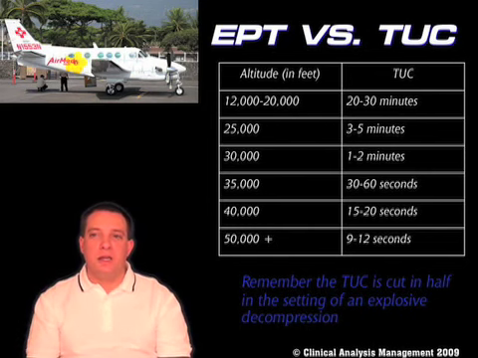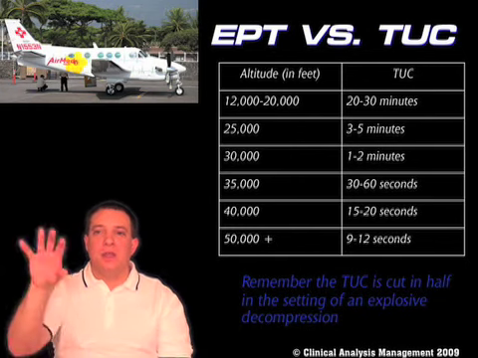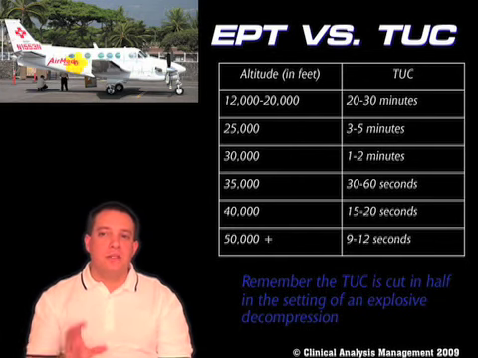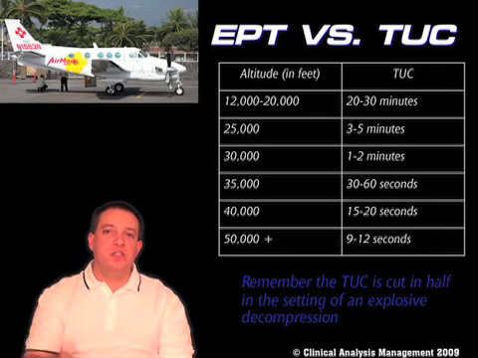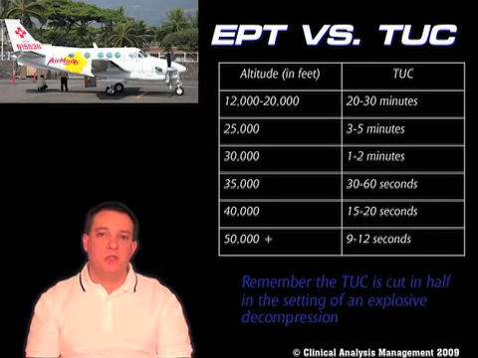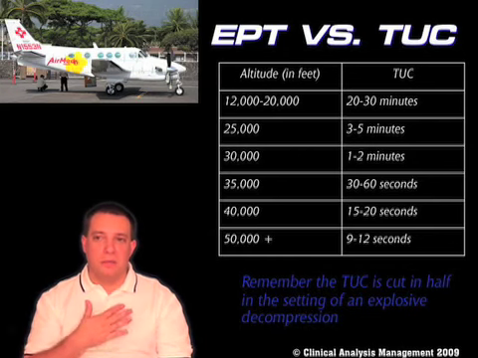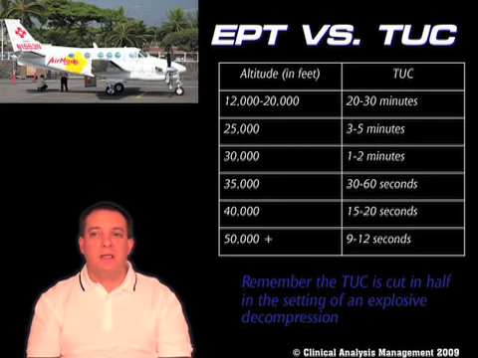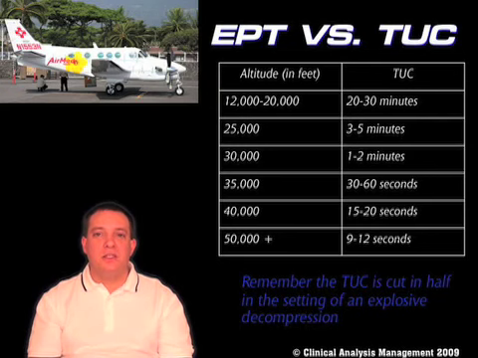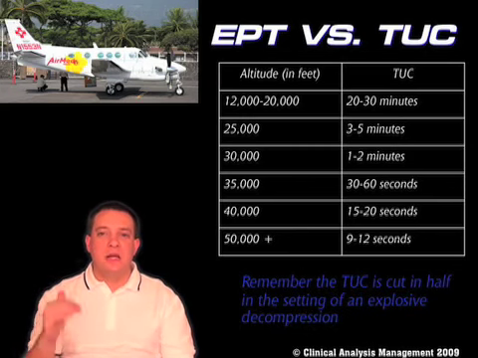The one thing I do want to say about time of useful consciousness is that when you look at these standard charts, there are two things you always have to keep in mind. The first is that these charts were based on military personnel, who are relatively healthy, a lot of whom are younger and healthier than most of us probably are. The second is that anytime we're talking about time of useful consciousness in the setting of an explosive decompression in an aircraft, so for instance we lose a door or a seal, whatever the time on the chart is cut in half.